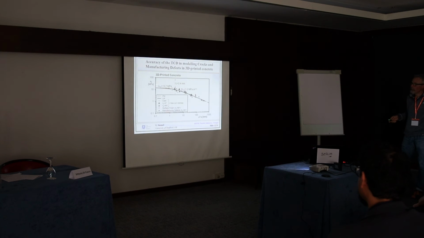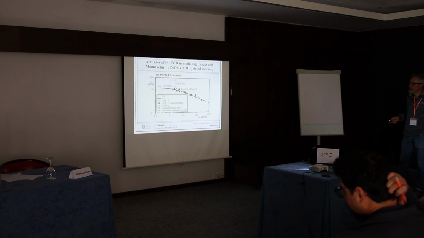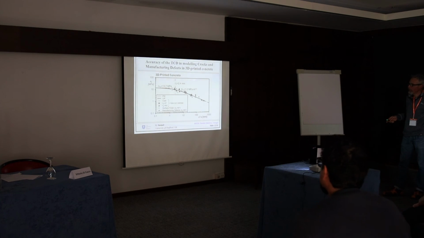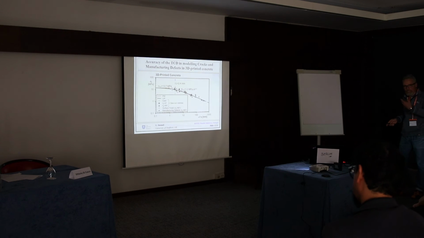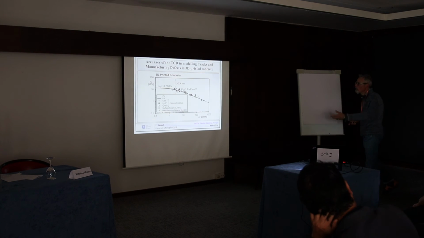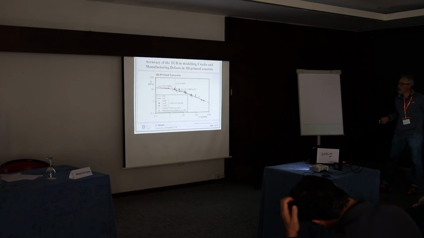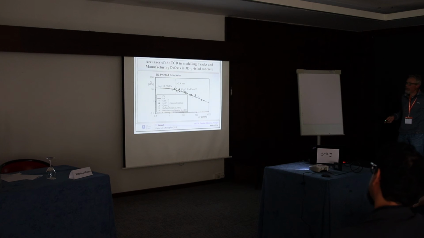This is the nominal failure stress, and this is the equivalent length of the defect. And as you can see here, both the point method and the line method can model in a very accurate way the transition from the long crack regime, considering what is a long crack regime for a 3D printed concrete, back to the short crack or the continuum mechanics regime.